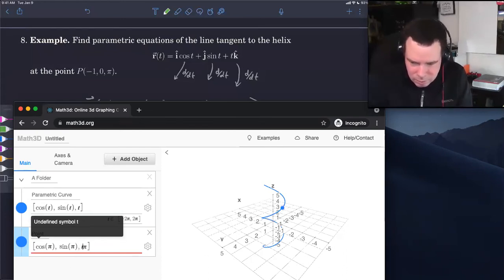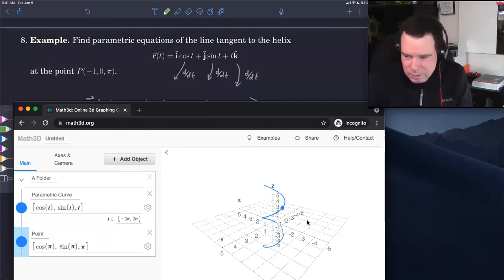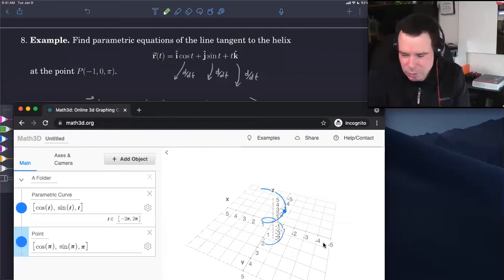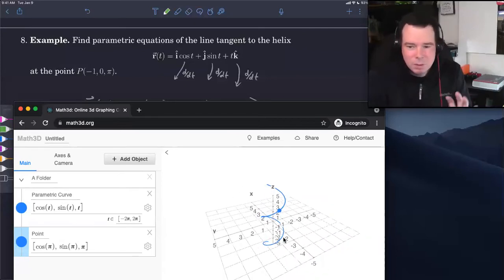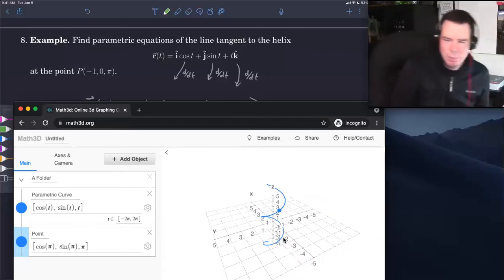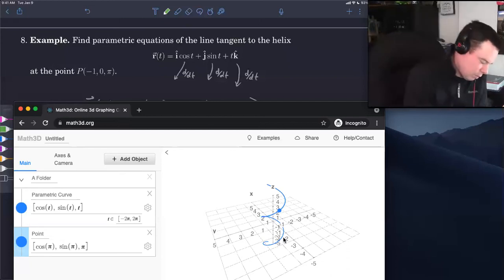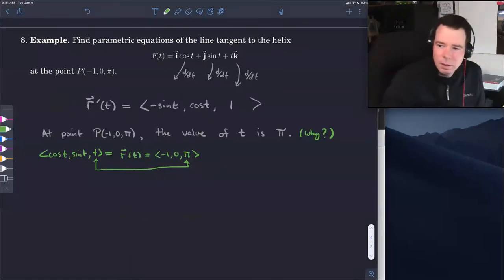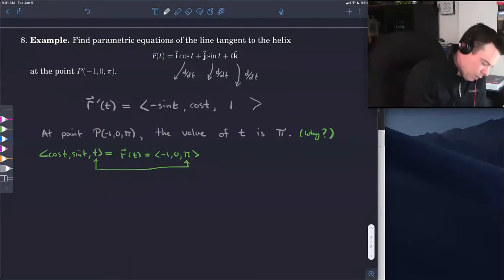And that's the same point, because when I plug pi in, cos of pi is -1, sine of pi is 0, and pi is the third component, and so that's the point. So that was the first step: I've got a point. What was the value of the parameter that produces that point? Now that we have that, we can go back and ask, what is our tangent line?